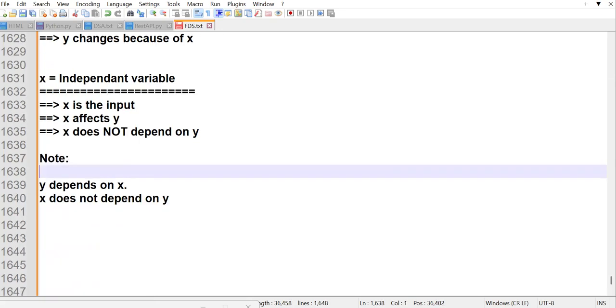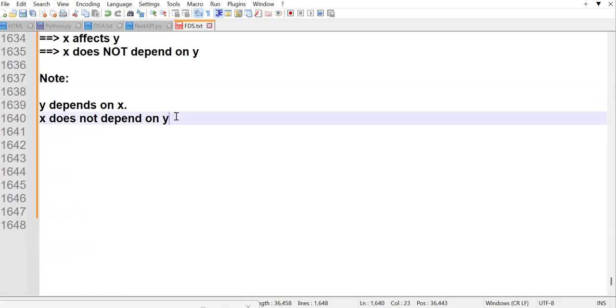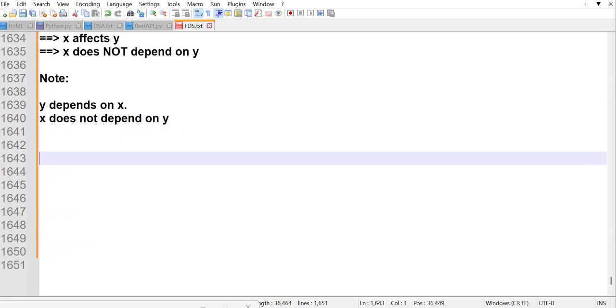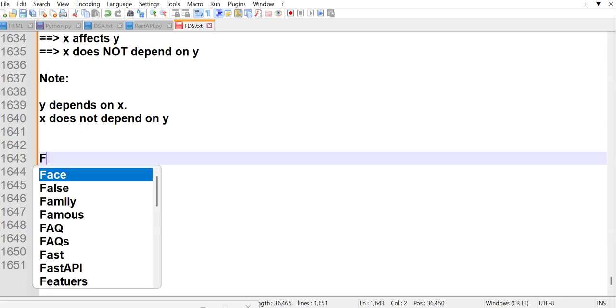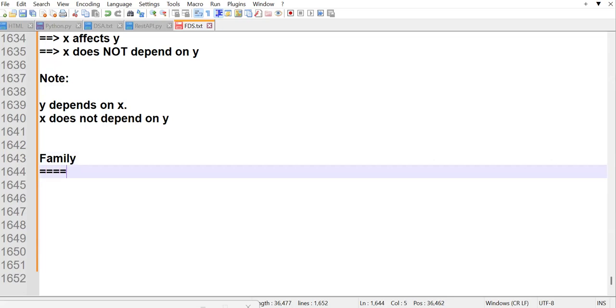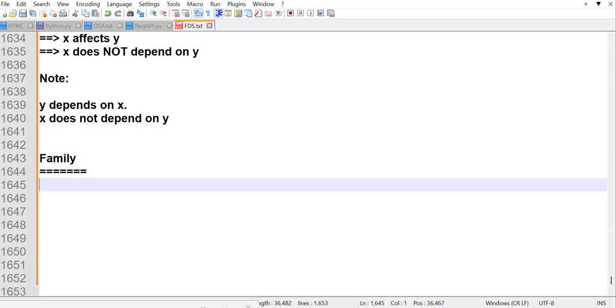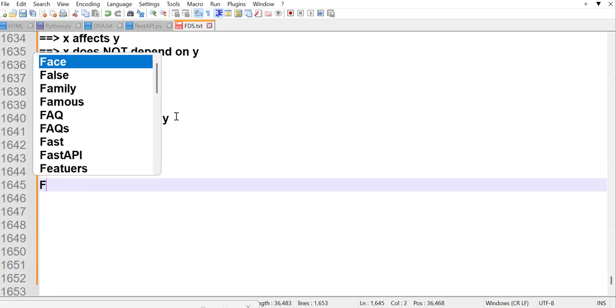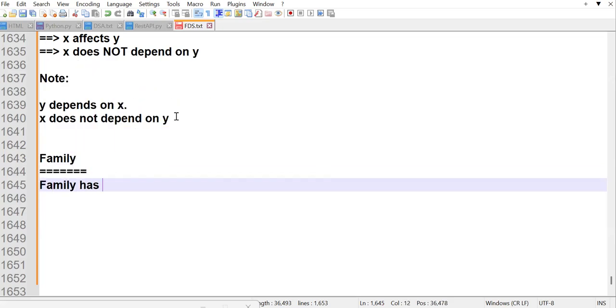Okay, for example, let me give you one more example to understand. Let's suppose there is one family. In the family, there are two members. Family has two members.